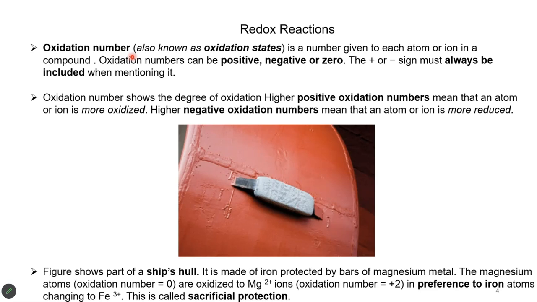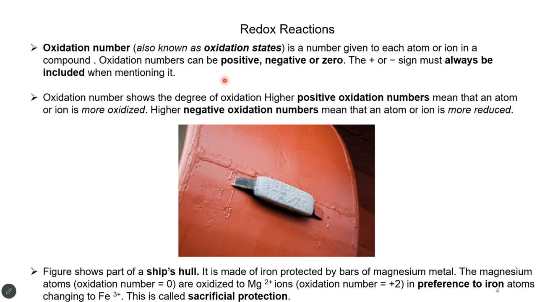Oxidation number is a number. What is the number? The number of an atom or ion in a compound. That number could be positive, negative, and even zero. So when we talk about oxidation number, we must include the sign, whether it is positive, negative, or zero.